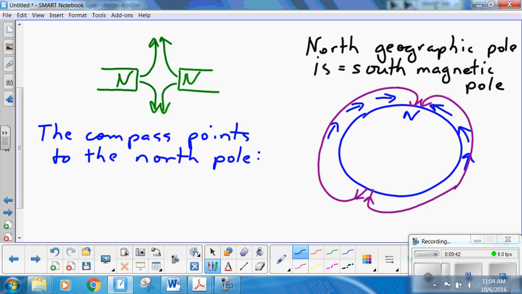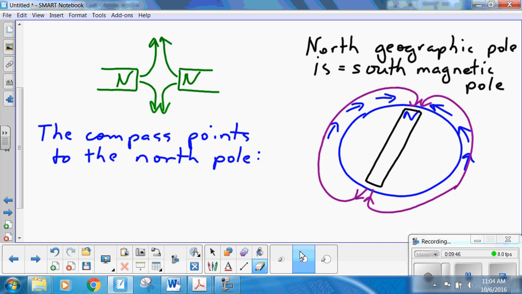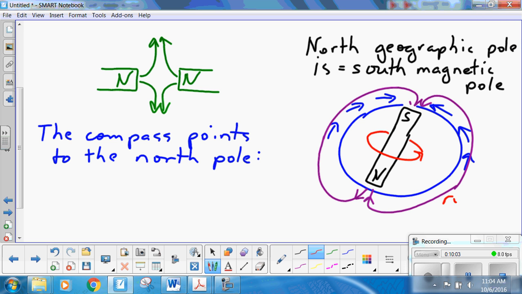So, if we look inside the Earth, what we've got is not geographic north. What we've got is the South Pole here and the North Pole here. Now this has something to do with the fact that inside the Earth is a rotating molten iron core.